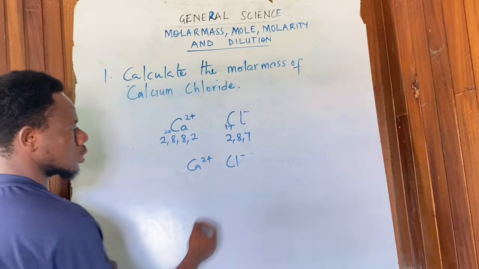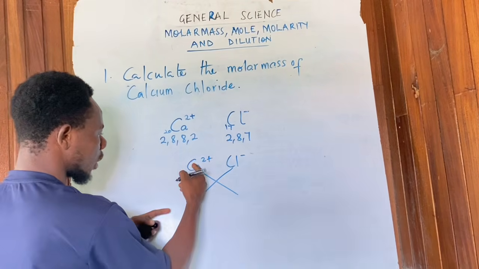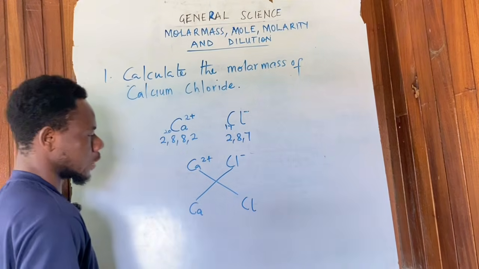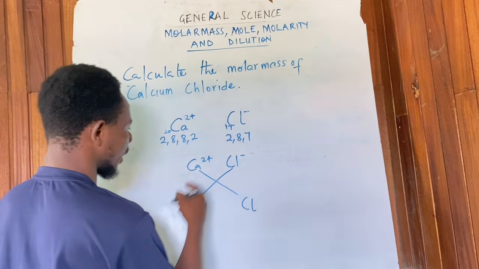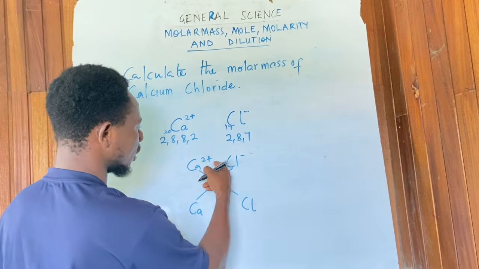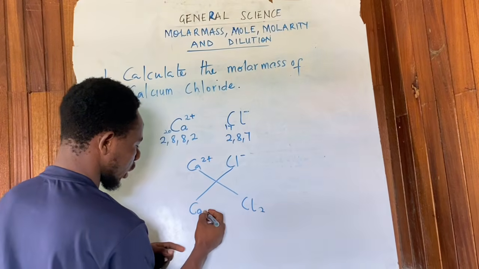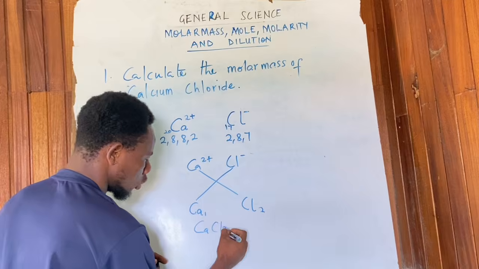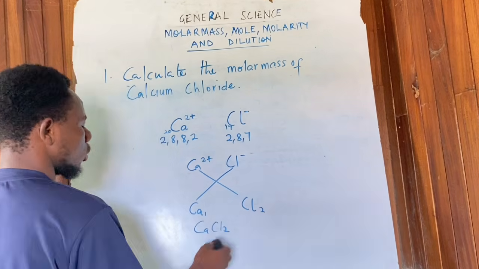Now we do what we call exchange of valency. Let me write calcium and chlorine here. We transfer their valency, forgetting the negative and positive. The 2 comes to chlorine, and the 1 comes to calcium. So we get CaCl2 for calcium chloride.